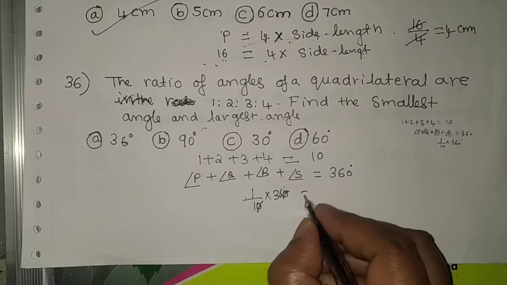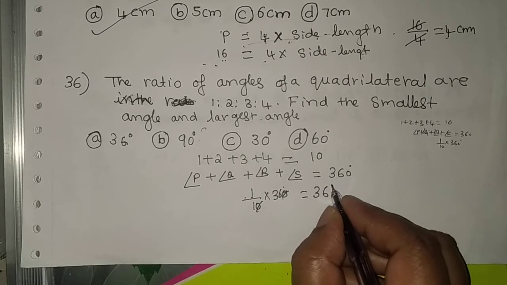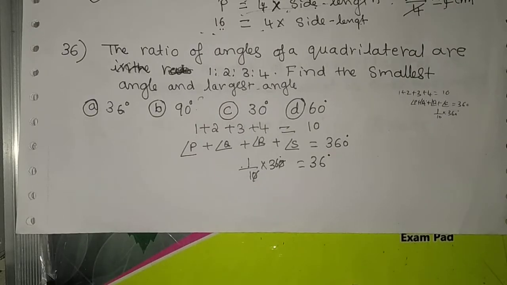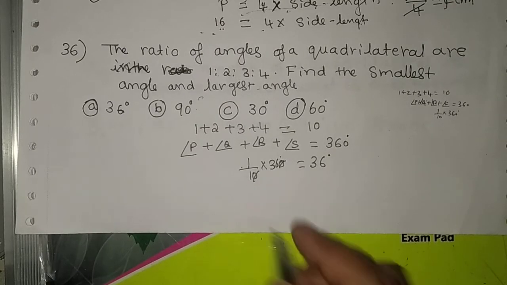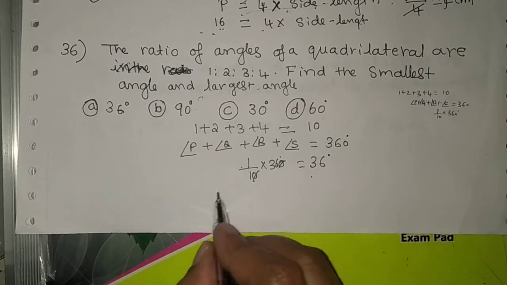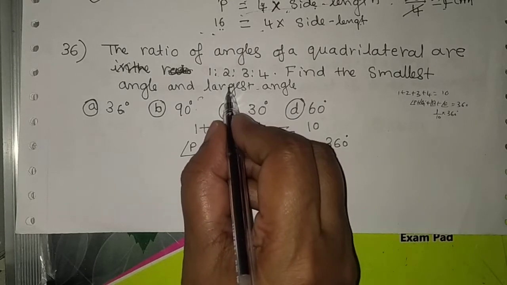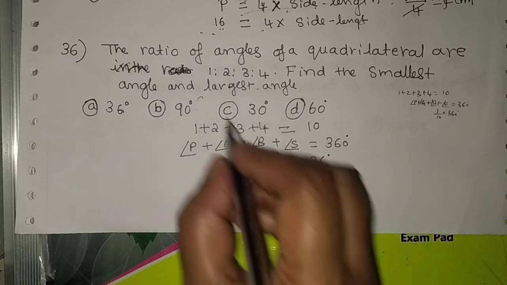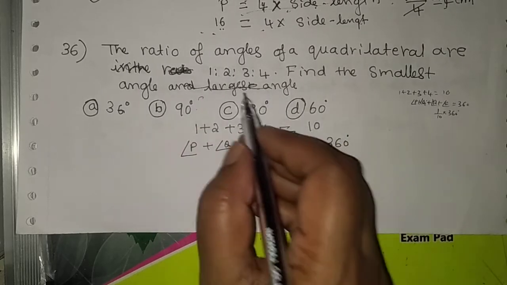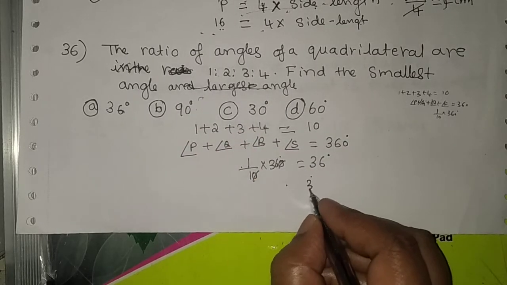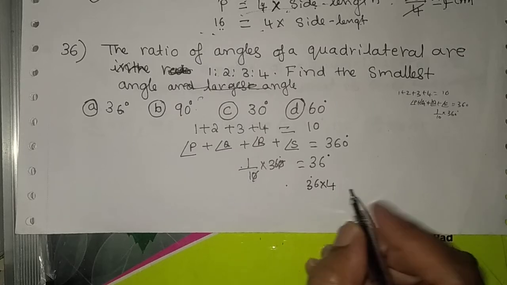Then this is 36 degrees we are getting. So here this is okay. To find the largest, it is the same thing. I'll just write it down here. 36 into 4 will be the largest.